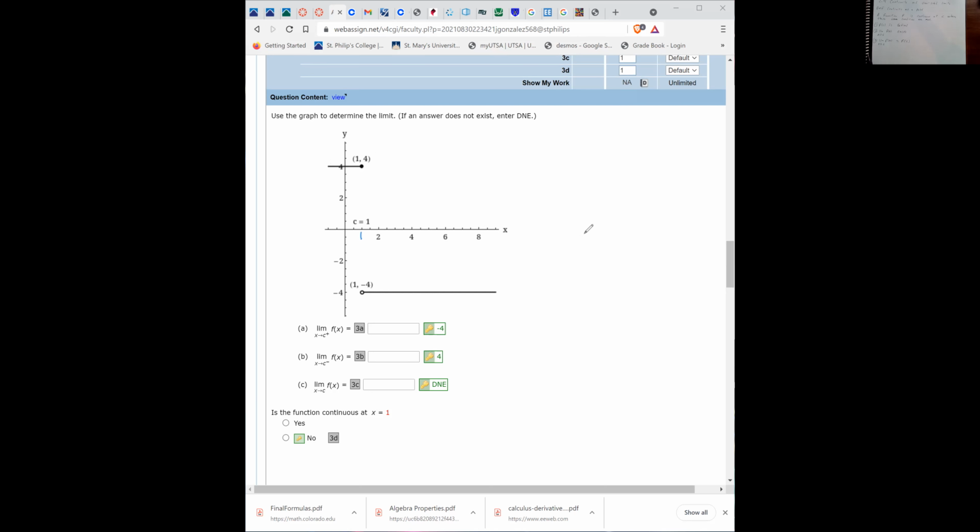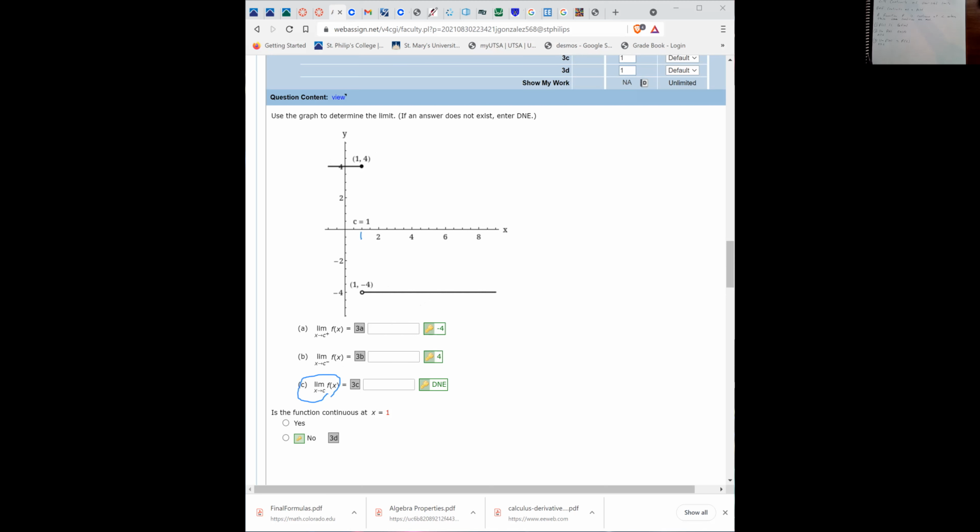If I approach 1 from the right, I got to go down here. I'm approaching -4. These limits are not the same. The left and the right are not the same. Therefore, the actual limit does not exist.